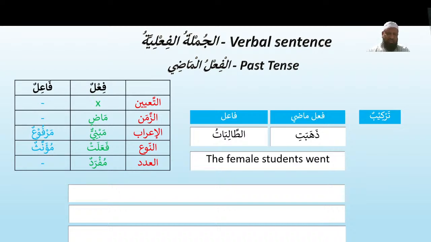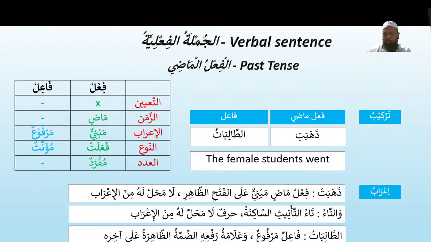Translation: the female students went. إعراب: ذهبت فعل ماض مبني على الفتح الظاهر لا محل له من الإعراب. والتاء تاء التأنيث الساكنة حرف لا محل له من الإعراب. الطالبات فاعل مرفوع وعلامة رفعه الضمة الظاهرة على آخره.